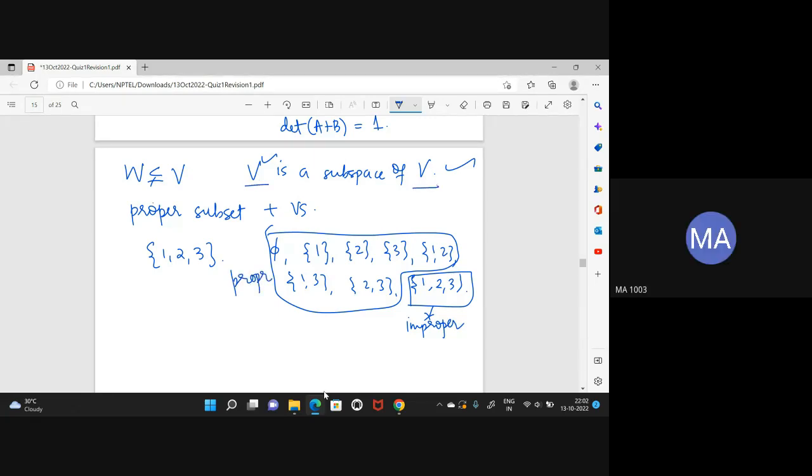So V is a subspace of V. That is obvious because V is a subset of V and V is already a vector space, right? So V is always a subspace of V. Leaving all that, every other subset is a proper subset, and if those subsets are vector spaces, they are called proper subspaces.